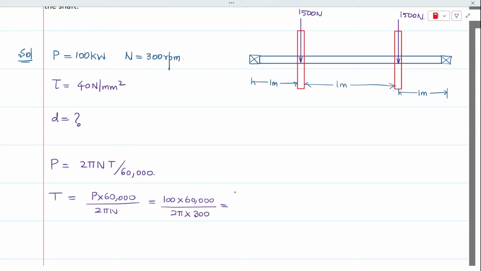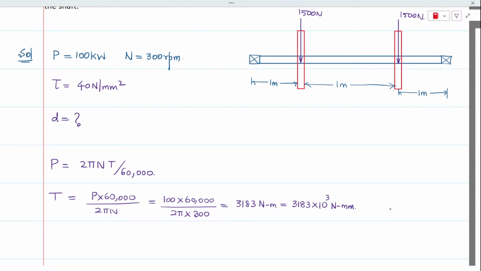Upon calculation, we get the value of torque as 3183 Newton meter, or else 3183 into 10 power 3 Newton mm. So this is the value of torque.